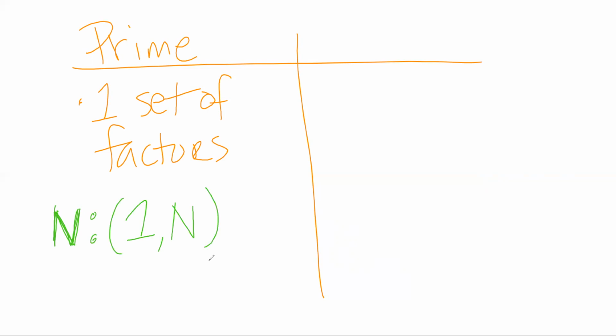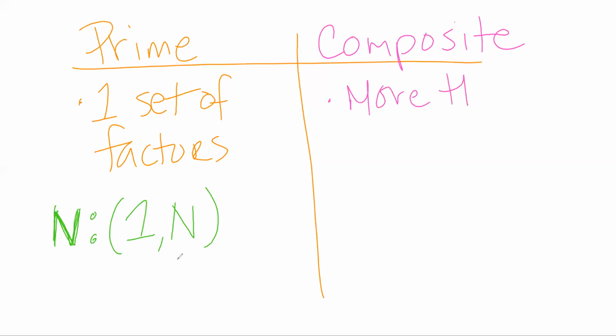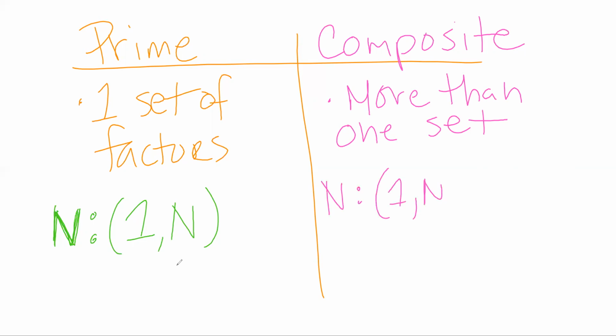These are the only factors, right? Whereas a composite number is going to have more than 1 set. So we would know it's 1 and that number, but then it might be other numbers. I'm just using variables here, a times b, right? And it makes more than 1 set.